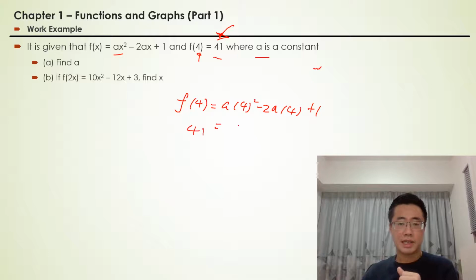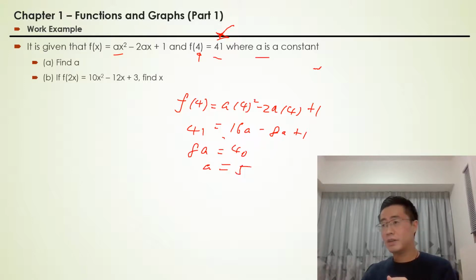Doing the calculation, it is 16a minus 8a plus 1, so 8a equals 40. So immediately you calculate that the value of a is equal to 5. So for part A, it's pretty easy to calculate.